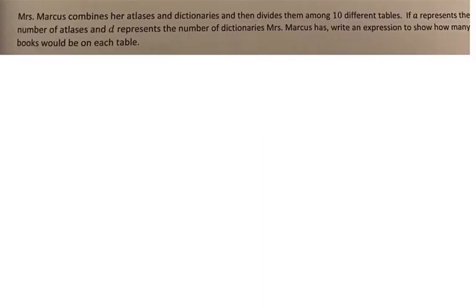This next story problem says, Miss Marcus combines her atlases and dictionaries and then divides them among 10 different tables. A is going to represent the number of atlases, and D is going to represent the number of dictionaries Miss Marcus has. Write an expression to show how many books would be at each table. So first we need to add up the number of atlases and dictionaries she has.